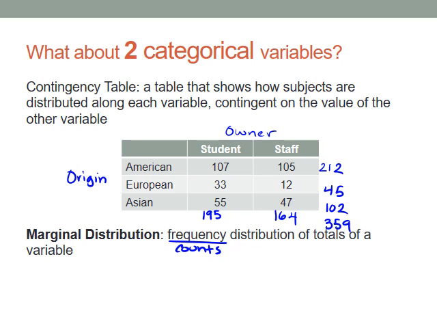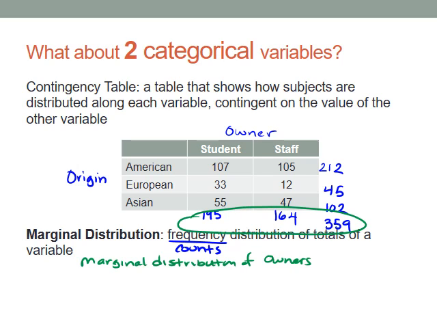Okay, so if I want to look at the marginal distribution of owners, I'm looking at the total counts for all of the owners. So I would report that there were 195 student cars and 164 staff cars.